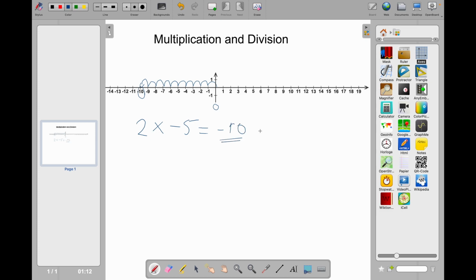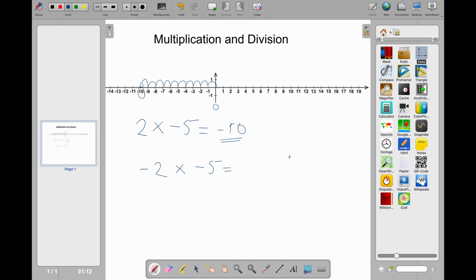So you see, we can do that with the number line. Okay, in some cases, we have minus 2 multiplied by minus 5. What can we do in this case? It's simple.